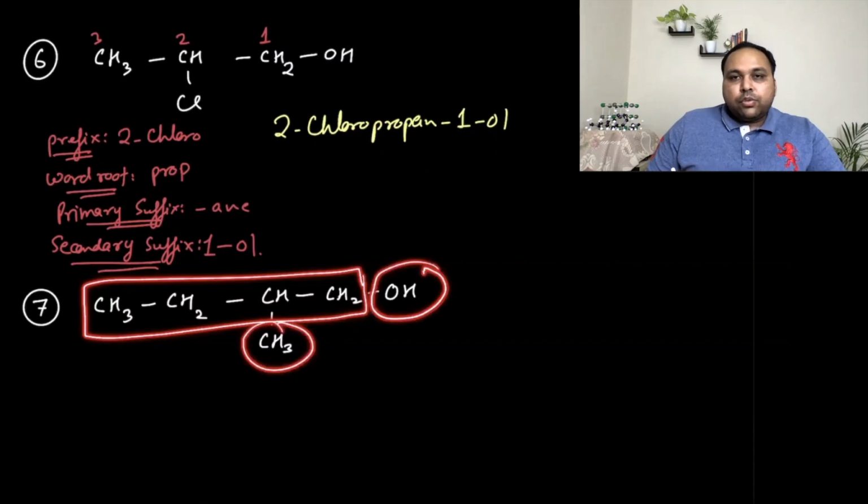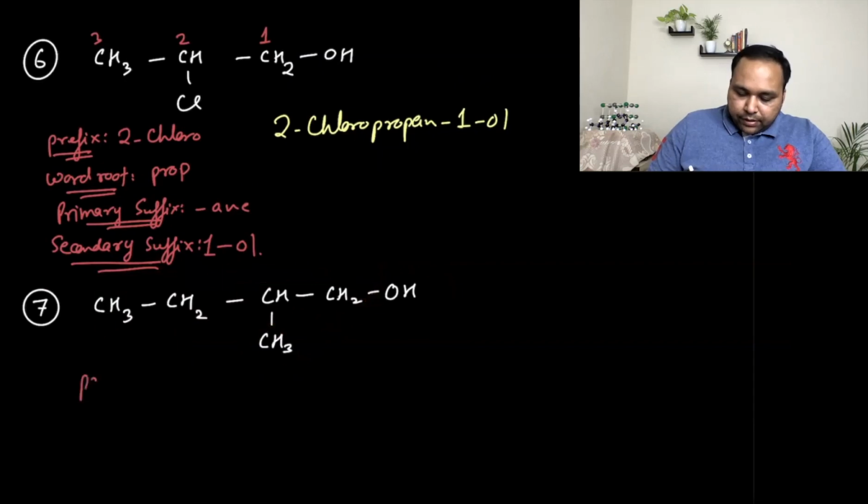Methyl. So once you identify all the parts, you can write the different parts of the name. So the prefix will be for the methyl group. So you write prefix methyl, but then it is placed on a carbon atom. Let's number it 1, 2. So the name goes as 2-methyl.